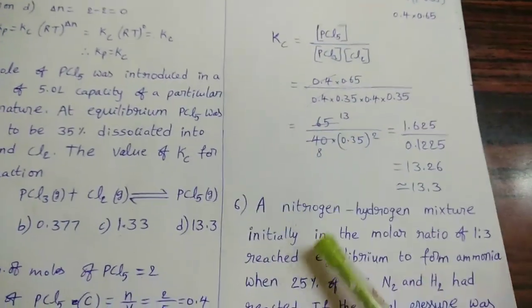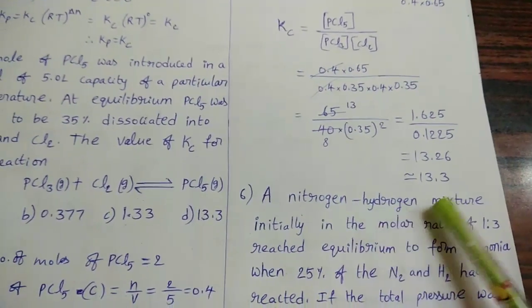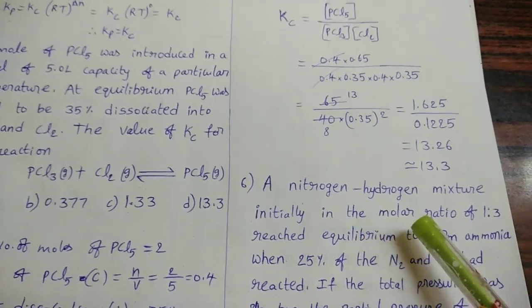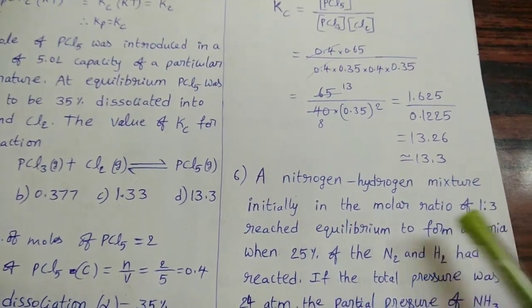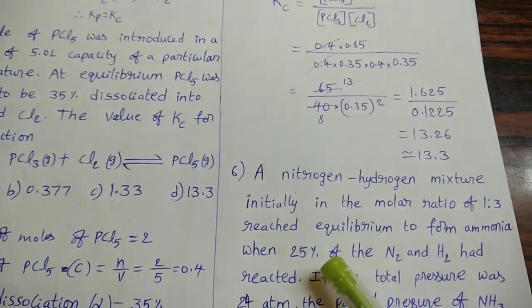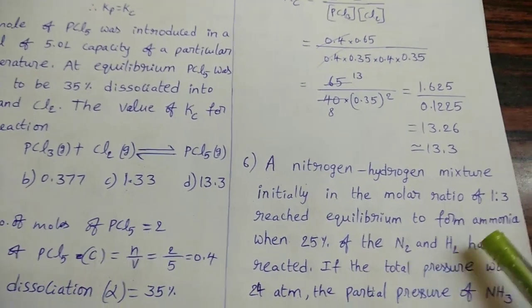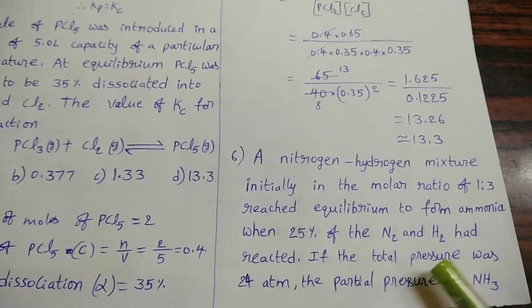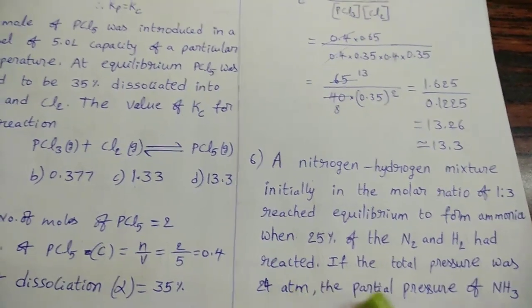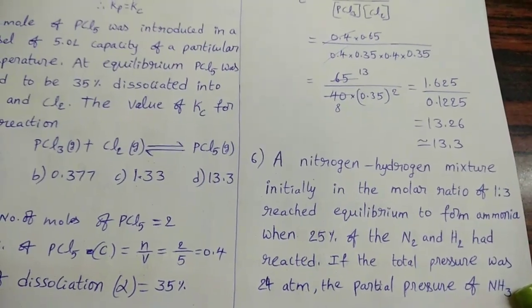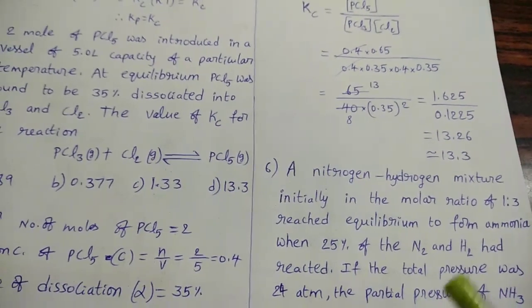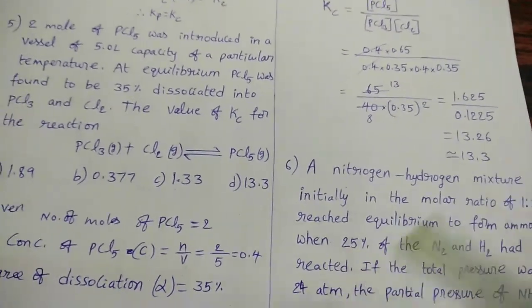Okay, next, a nitrogen hydrogen mixture initially in the molar ratio of 1:3 reached equilibrium to form ammonia when 25% of the nitrogen and hydrogen had reacted. If the total pressure was 24 atmosphere, we should find out the partial pressure of NH3 at equilibrium. A similar type of question we completed.